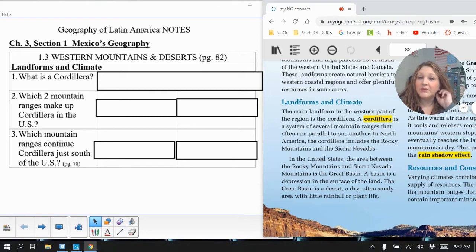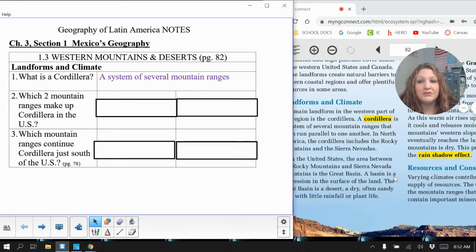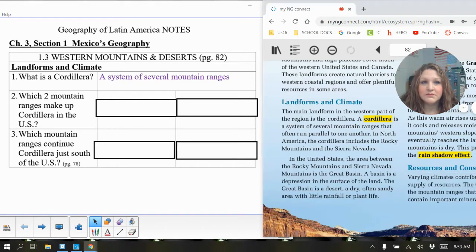So we are going to be able to answer this first question based on what we just read. What is a cordillera? We have here highlighted as a vocabulary term that this is a system of several mountain ranges. And then it talks about the 2 mountain ranges that make up the Cordillera in the United States. Remember that these are mountain ranges that also often run parallel to each other.